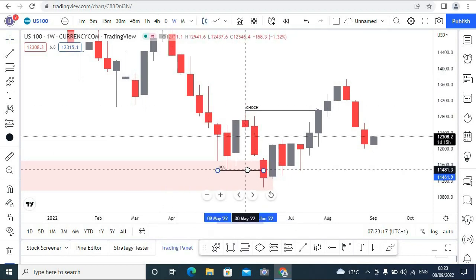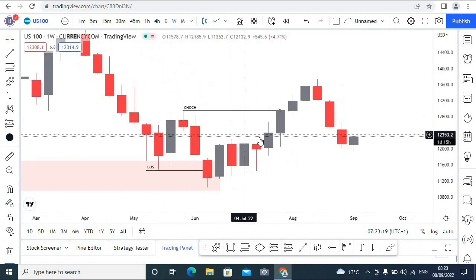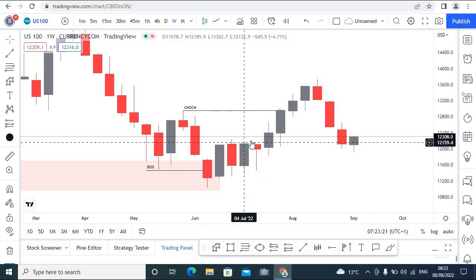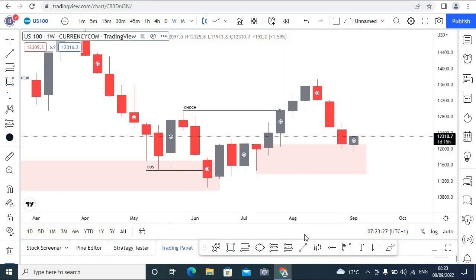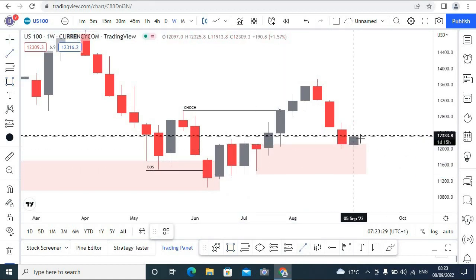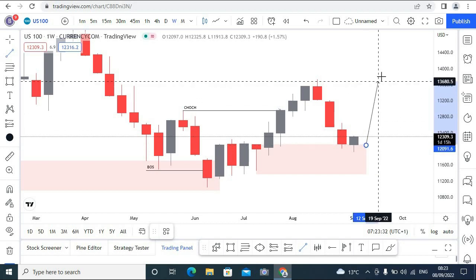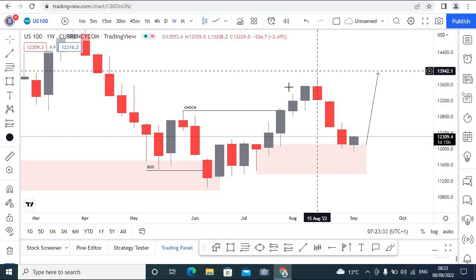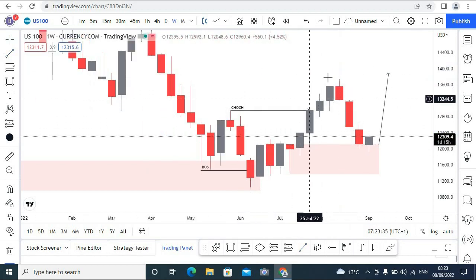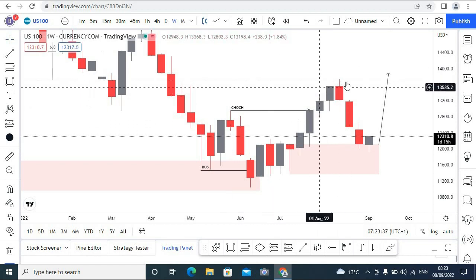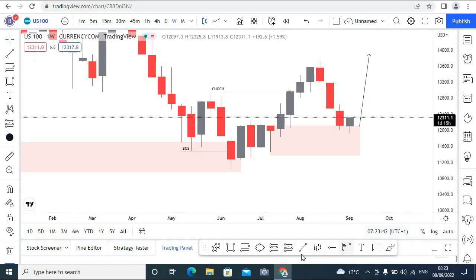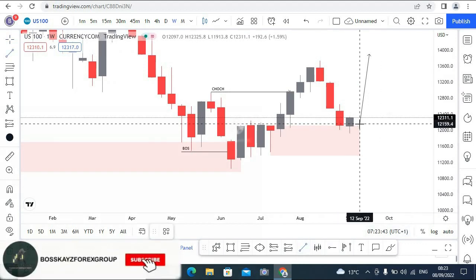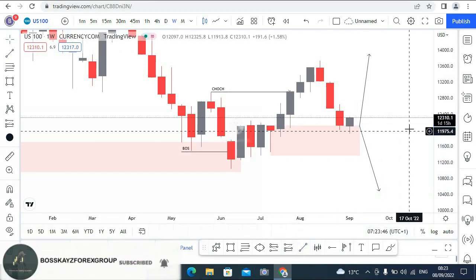And then the next thing you have to understand, the price will come back to the demand zone, or to the last candlestick, and then they'll go to the upside, something like this. But also, this may be a liquidity grab whereby the price just came back here, and then the price can also continue to go to the downside, something like this, right?